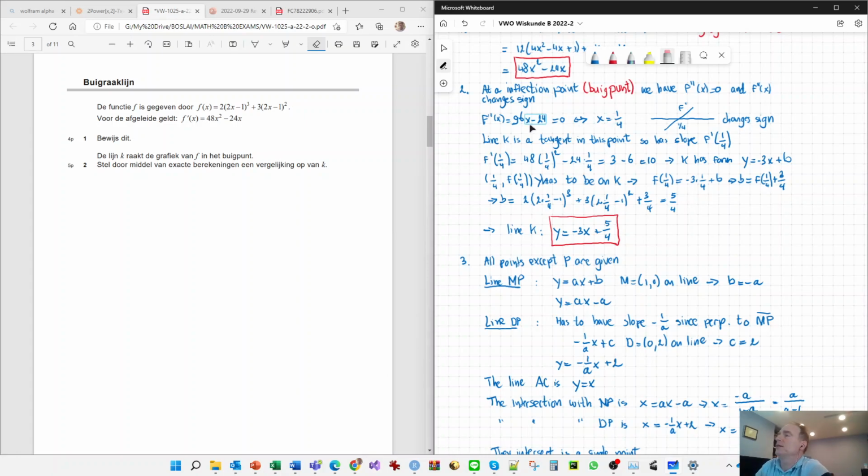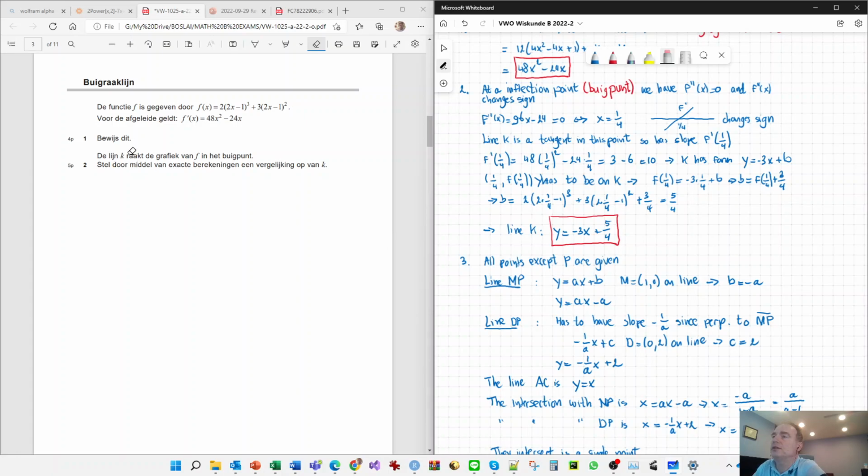And as you can see this is a line that's going up, and you can then easily see that to the left and right this will change sign. It's actually crossing the x-axis, so indeed it's an inflection point.